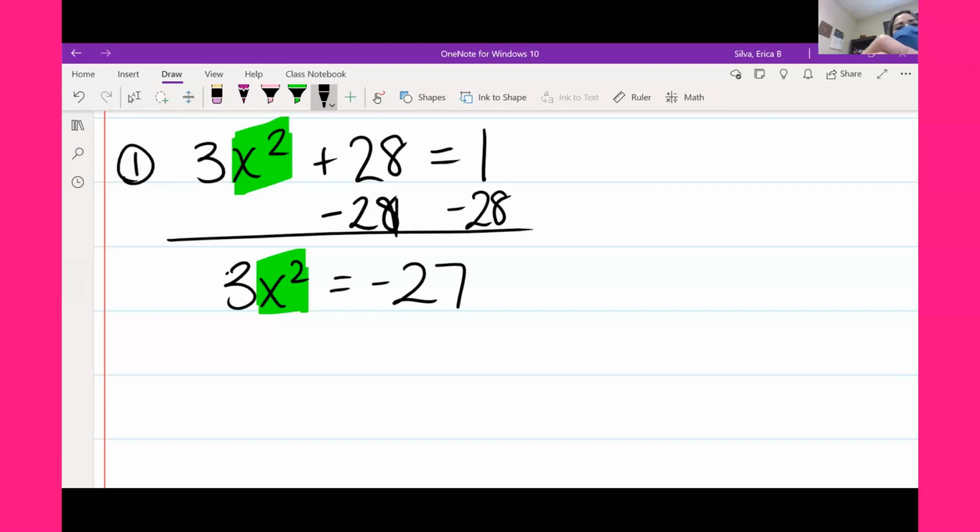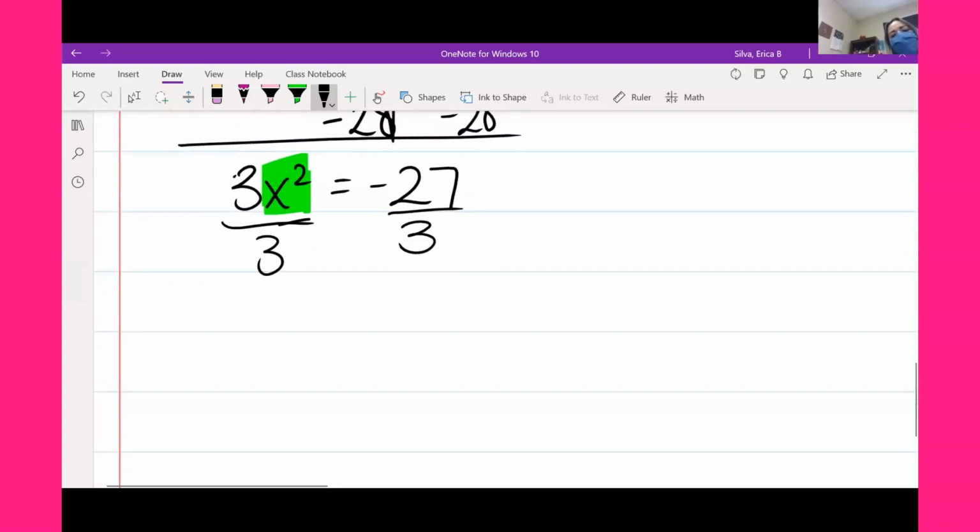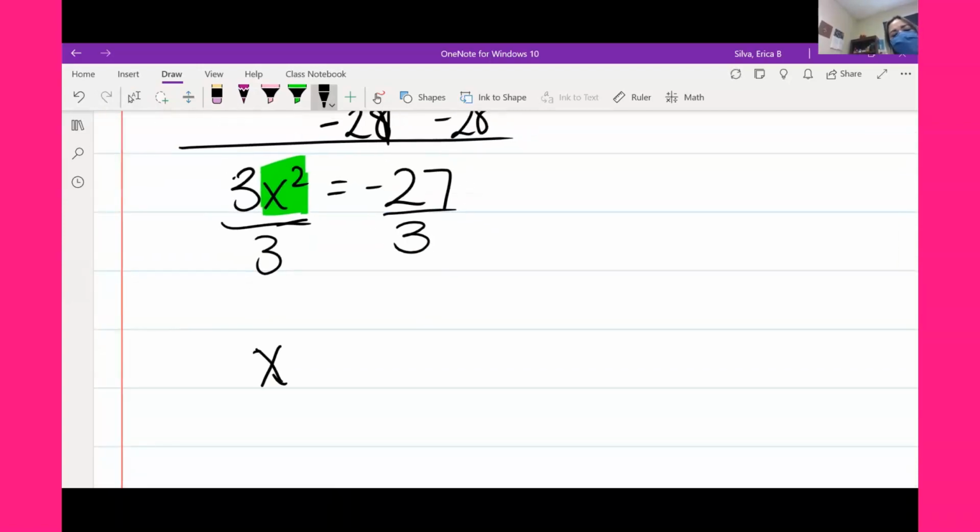Yeah, divide. What are we going to divide by? Good job, Jesus. Right, we're going to divide by 3. Divide by 3, and we get x squared is equal to -9.